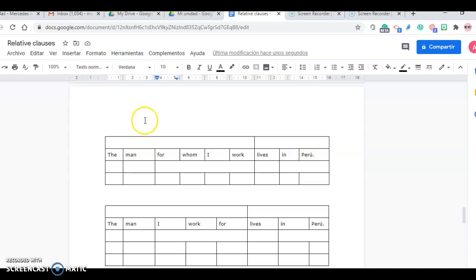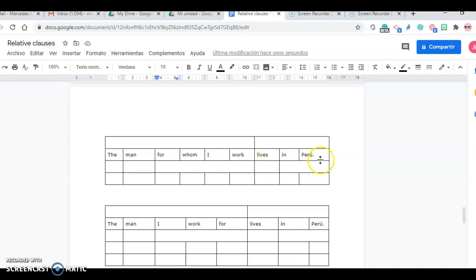We have the subject here and the predicate. The subject is a noun phrase. Man is the head noun. It is a common noun. The is a pre-modifier, definite article. And for whom I work is a post-modifier defining relative clause.